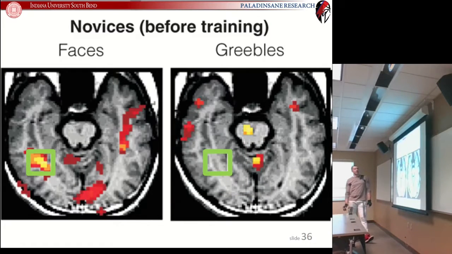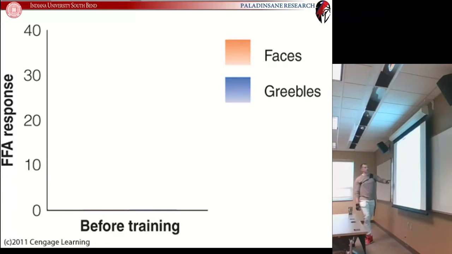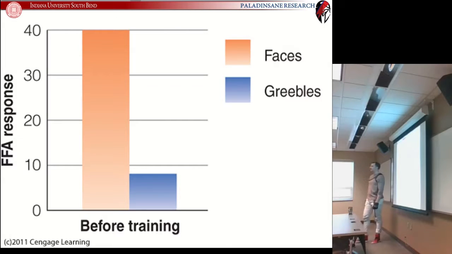When we take a look at the graph, we have your fusiform face area response, and then the responses before training for faces and for Greebles. You can see that the response for faces is massive. The response for Greebles, hardly any response.